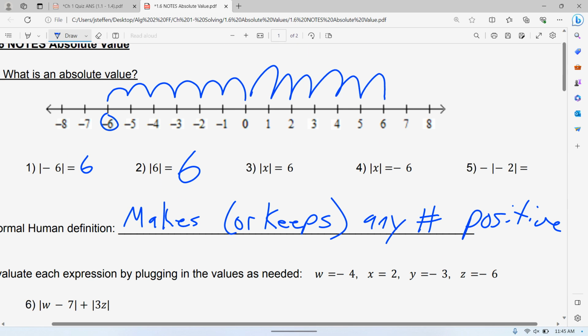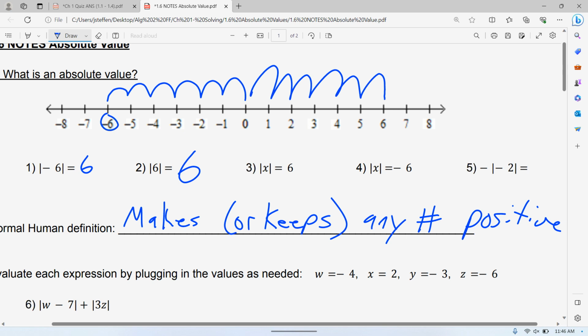That's what most people say. People know absolute values make anything positive. A lot of people get pretty good at the absolute value of a negative as a positive, but then some people don't realize that the absolute value of a positive doesn't change at all. It just stays a positive. So it either makes it a positive if it's already negative, or if it's already a positive, it keeps it positive.